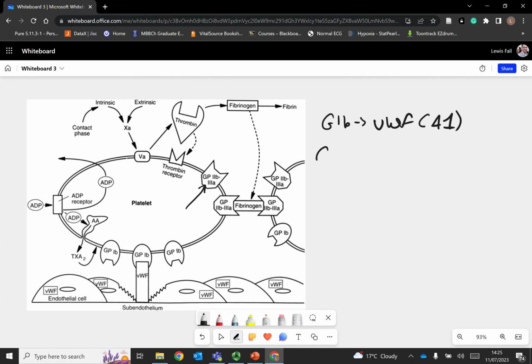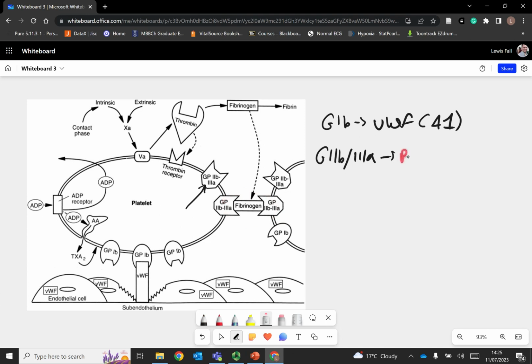And this shouldn't be too much of a shock, because we've just talked about it. What does it do? There it is. It binds platelets to other platelets.